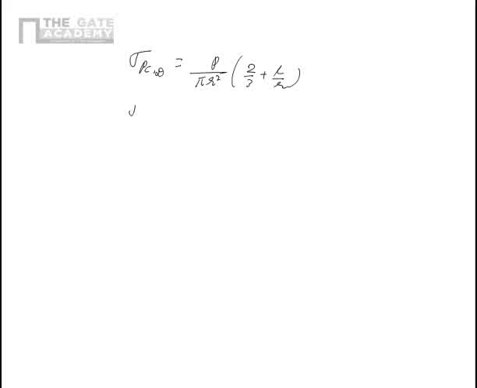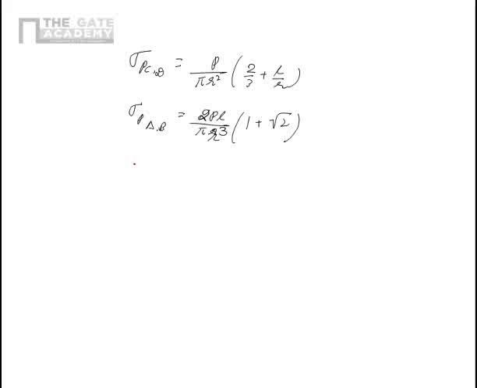Now I write the principal stress at A and B again, which is nothing but 2pl upon pi r cube times 1 plus square root of 2. So now let us compare which one of these is higher.